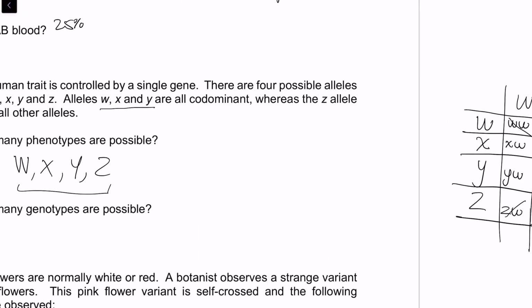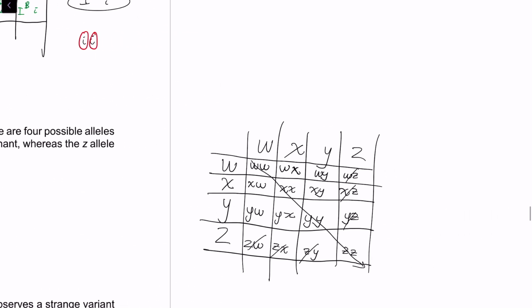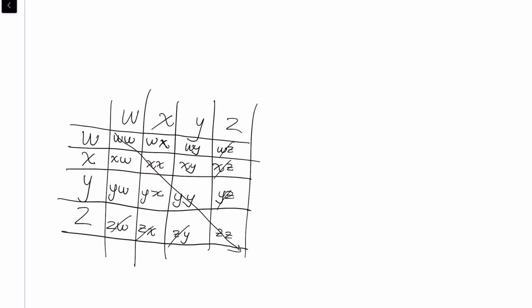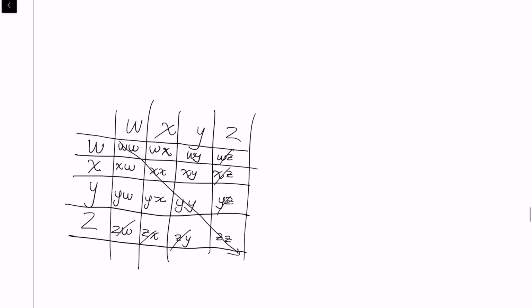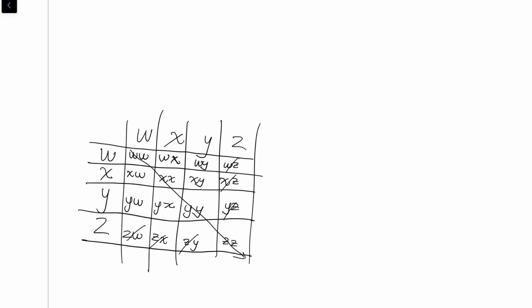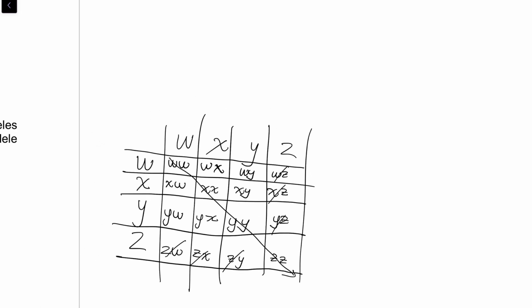We assume that because it's codominant with other alleles, it will manifest over the recessive Z allele. Same with ZX and ZY, and you can obviously see how WZ and XZ are going to be just the same thing, right? They just swapped around letters, but it doesn't matter the order of the allele combinations, as long as they're present and we know how they relate to each other.